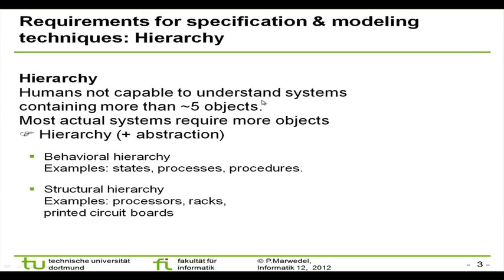So, it is said that if we have more than 5 objects in one particular model, then the model becomes really incomprehensible, and actually most actual systems will require many more objects.